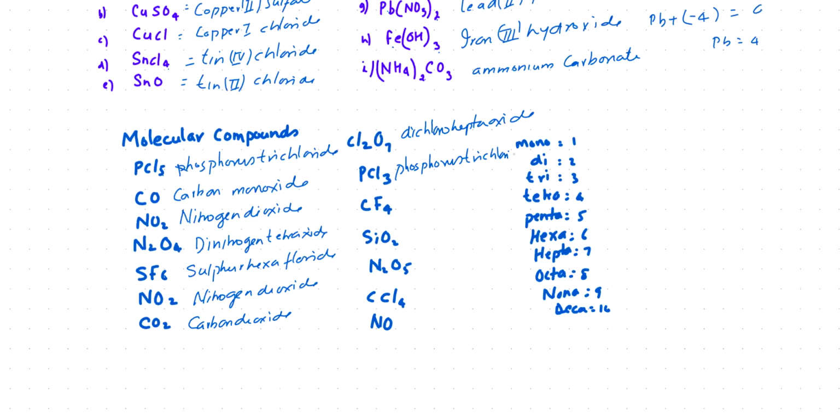CF4, carbon and fluorine, there are 4 fluorines, so 4 means tetra, carbon tetrafluoride. SiO2, Si is silicon, there are 2 oxygens, so silicon dioxide.